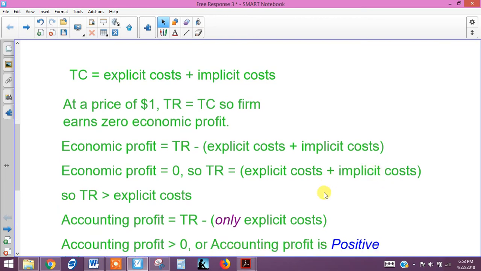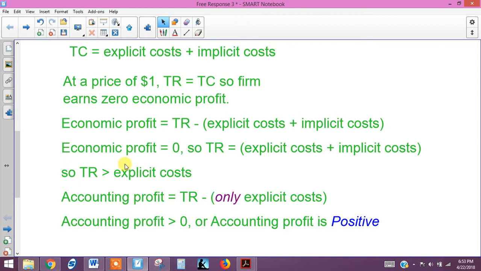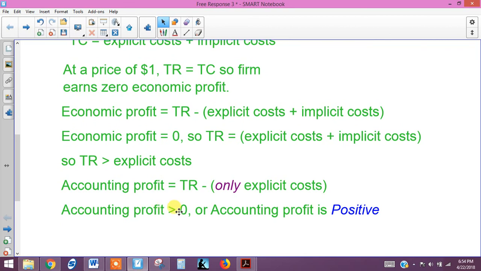Now, if that is true, and accounting profit equals total revenue minus only explicit cost, then accounting profit has to be greater than 0. If total revenue is greater than only explicit cost, then this expression is going to be positive, or greater than 0.